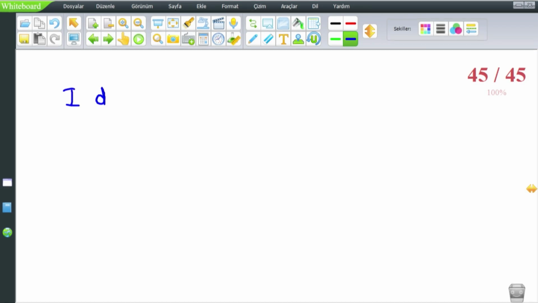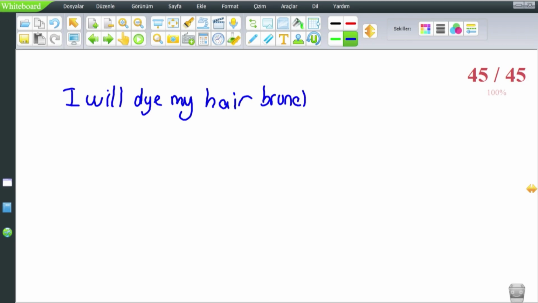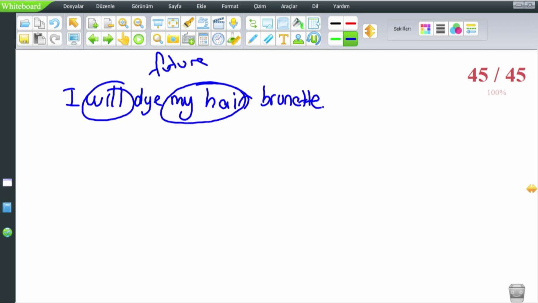I will dye my hair brunette. Tense, future, and object is my hair.